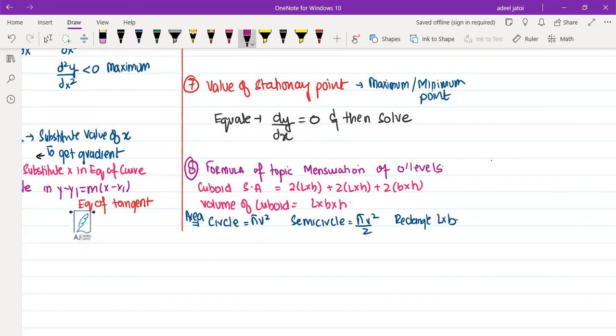There are a lot more formulas in mensuration, so you need to go through the mensuration topic from the O level as well, because these formulas are important.